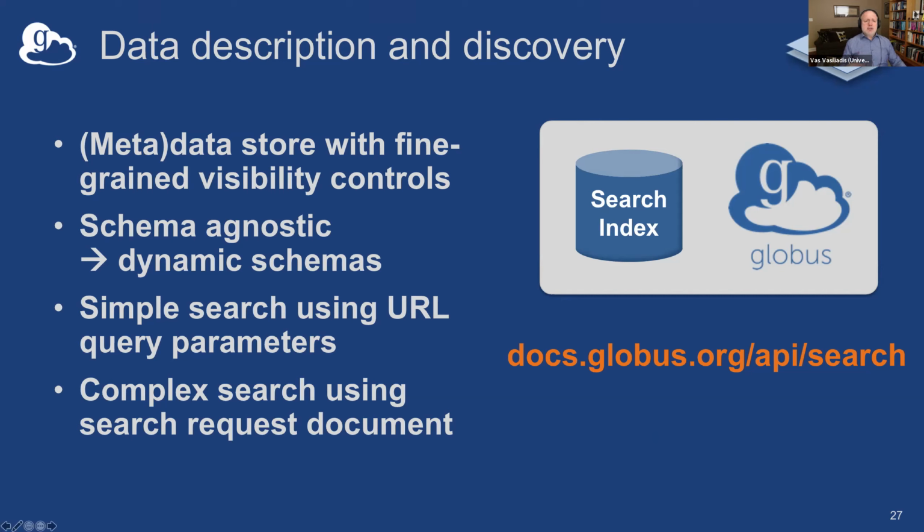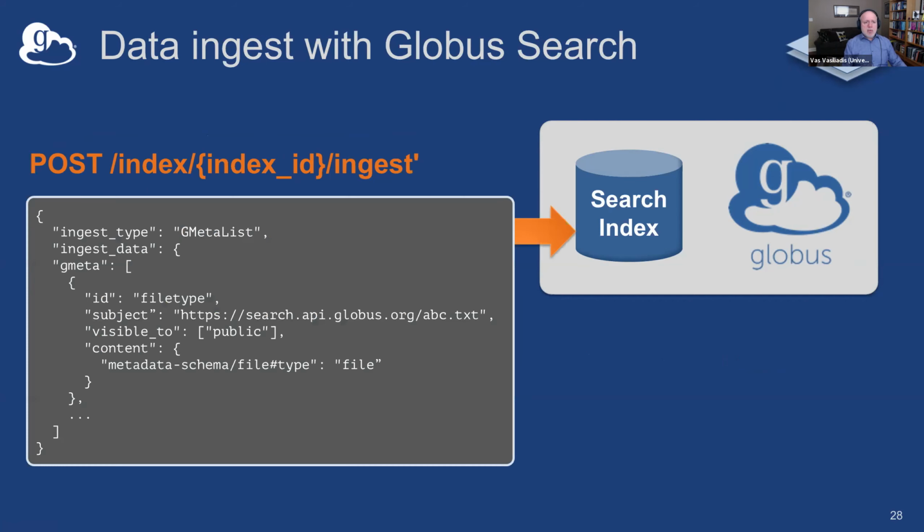It allows you to do both simple queries using just a URL with query parameters, or to do more complex search queries by sending a more comprehensive document and posting that to a different URL. The way the flow works is you can ingest data by posting to this URL here.